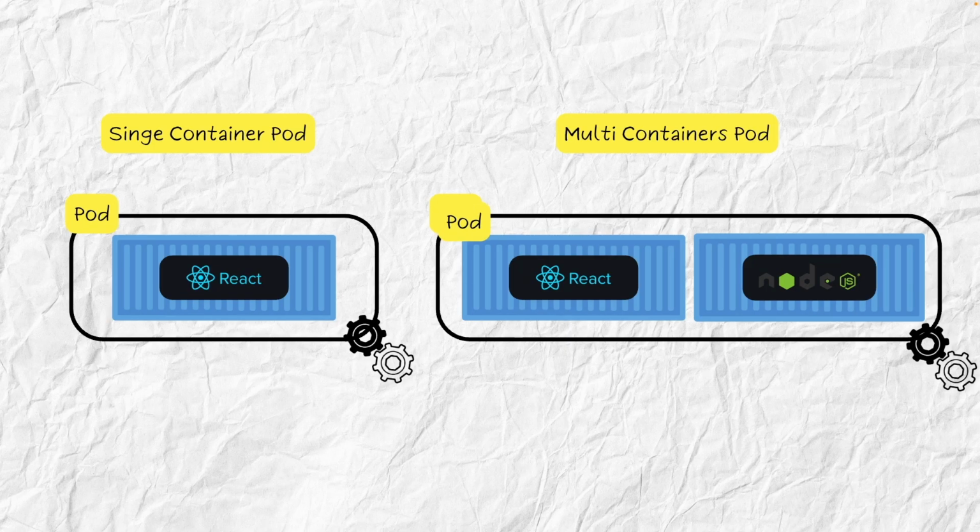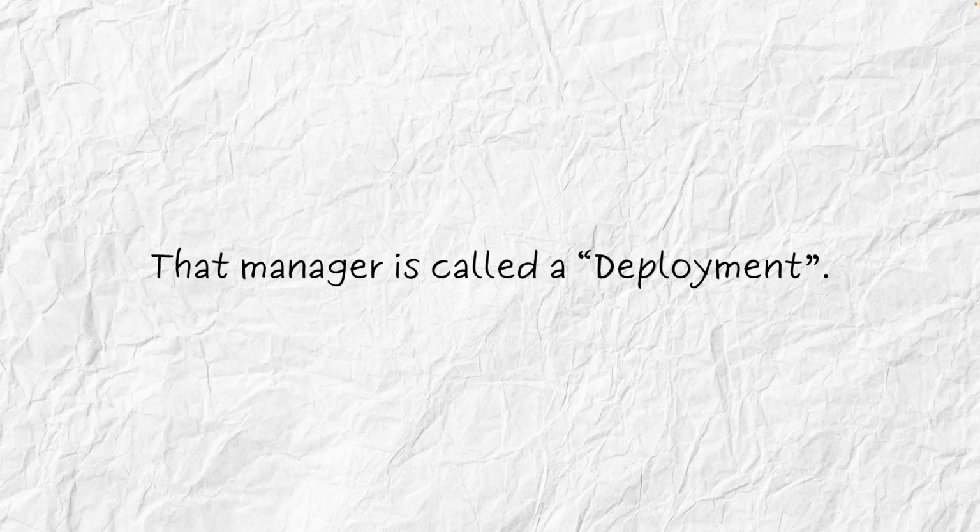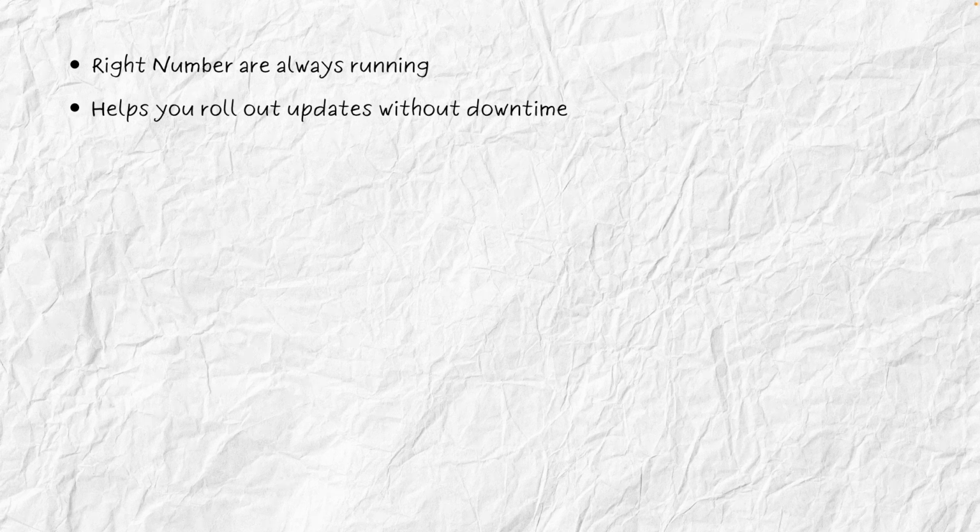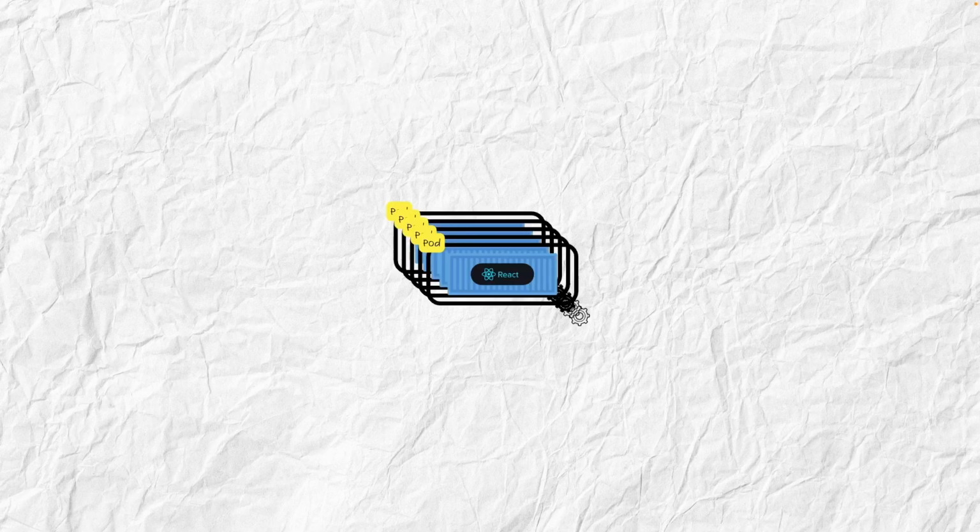And to keep your pods running, if one crashes or if you want to update your app, you need a manager. That manager is called a deployment. A deployment watches over your pods, makes sure the right number are always running, and helps you roll out updates without any downtime. Now, all these pods need a place to live.